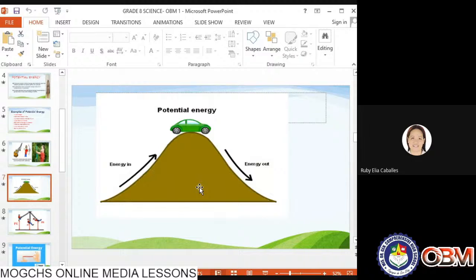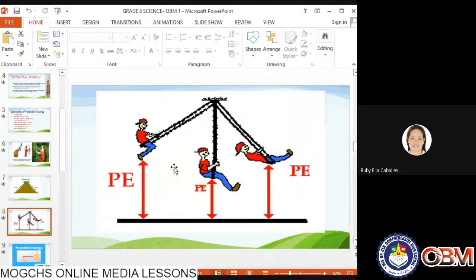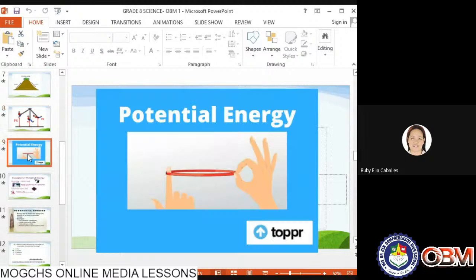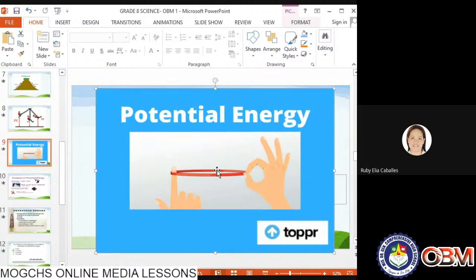We have another example of potential energy, as you can see in the picture. Another example, this one is potential energy. This one also applies potential energy.